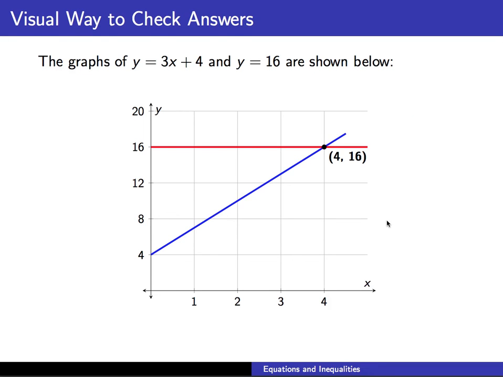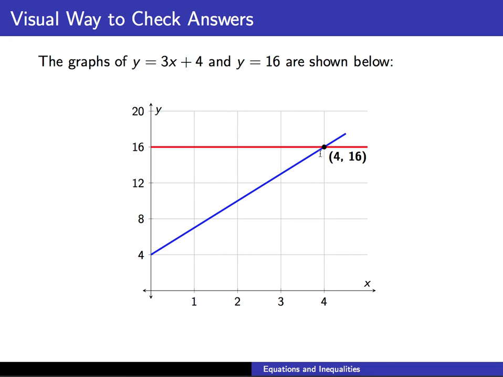So for instance, here we have the graphs. I believe this is example 1a, where we looked at y equals 3x plus 4 and y equals 16. So in blue, I have the line y equals 3x plus 4. In red, I have the horizontal line here, y equals 16. We got for an answer for that x equals 4. Notice the intersection point, the x-coordinate of where those two equations intersect.